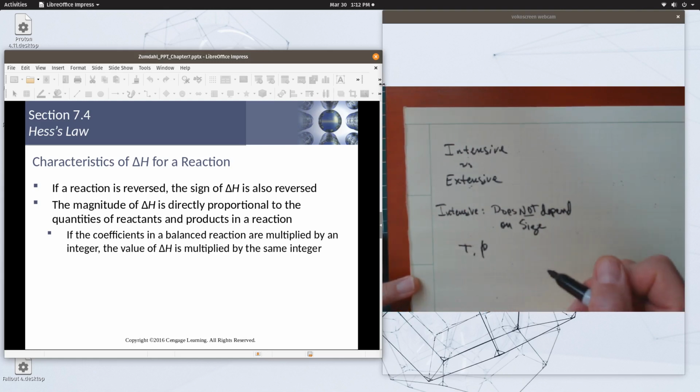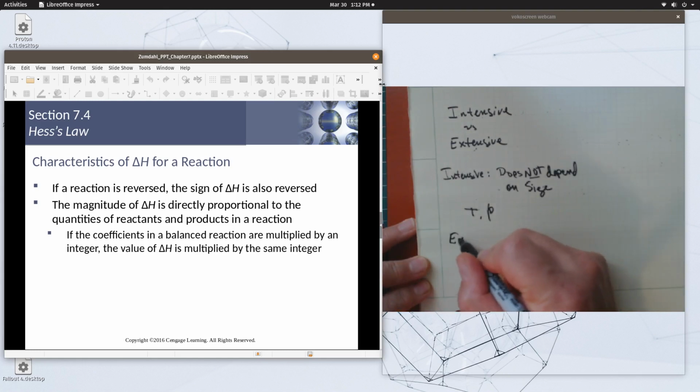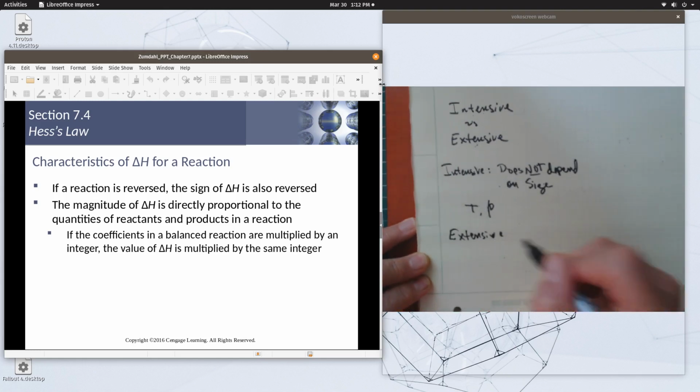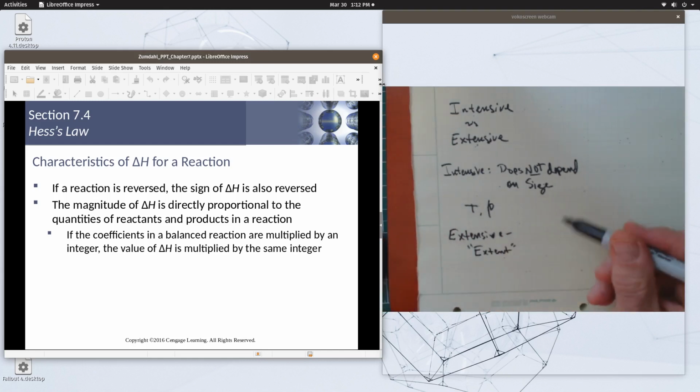Those are intensive variables. Extensive quantities depend upon the size of the system. Think extent: how big is the system?